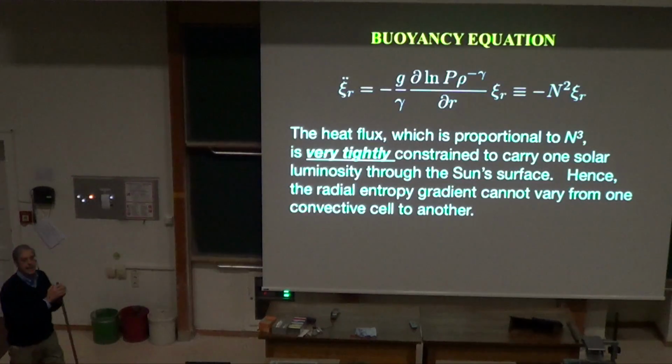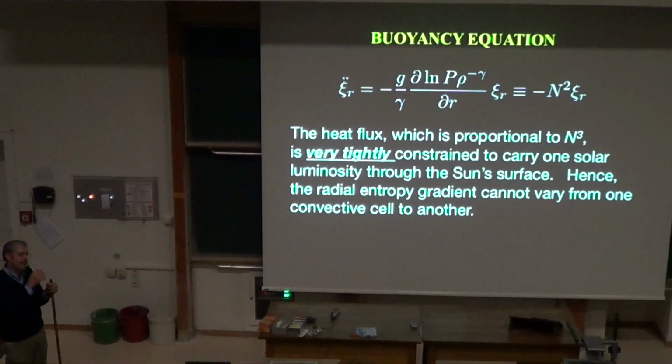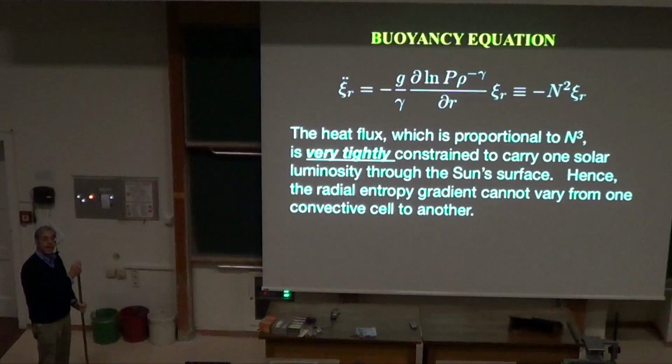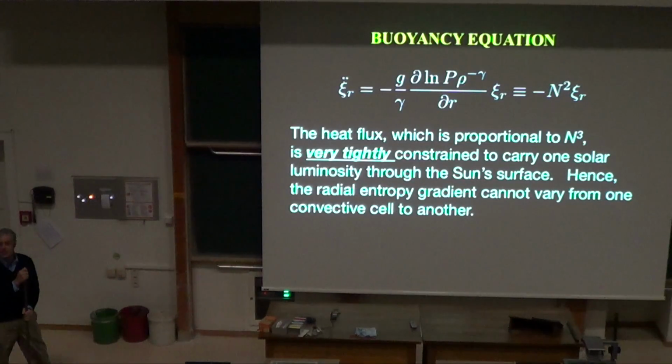The most effective way to get the heat out is to lift it up mechanically, have it radiate at the surface, and the cool blob cycles back down, and the process of convection takes over from radiative transport. Now you can show that the net heat flux that you get is proportional to a very high power, N cubed, of the entropy gradient, and therefore it's very, very tightly constrained. It has to carry exactly 1 solar luminosity through the sun's surface.